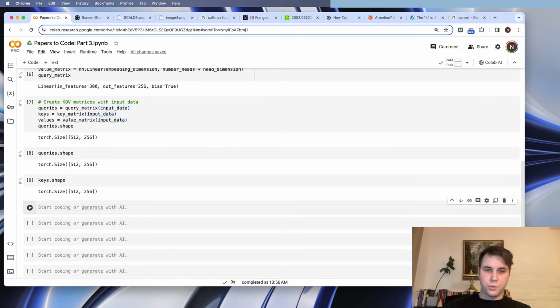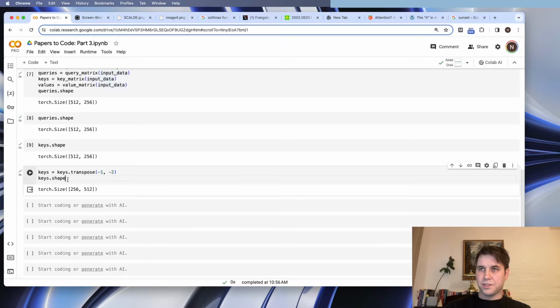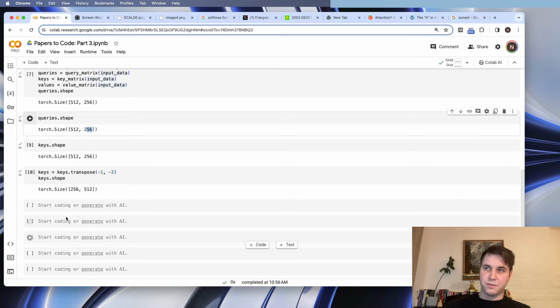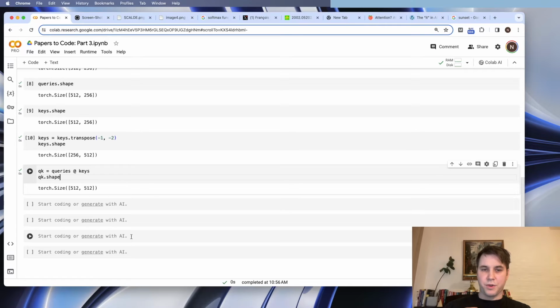So we need to transpose the keys. And this gives us 256 by 512. And so now queries are 512 by 256. This inner dimension of 256 matches, so we can create our QK. And we end up with a 512 by 512 dimension matrix.